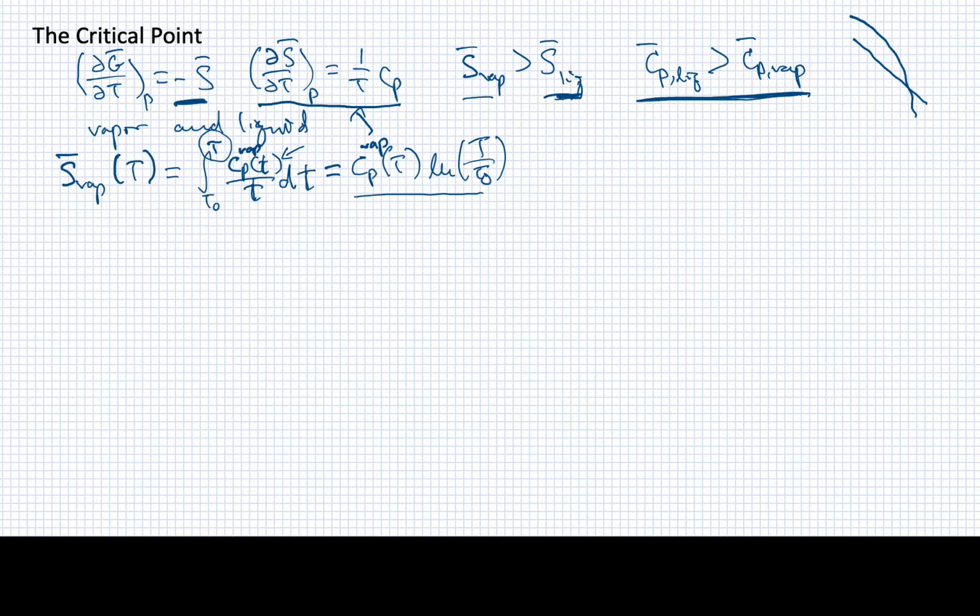All right, now I could do the same kind of calculation for the liquid. And I'm going to run this sort of from right to left so that we can bring these two together. All right, so I could say that the heat capacity for the liquid, if I run it from some reference temperature to a higher temperature T, of Cp of the liquid, now at some temperature T, divided by T dT, this will represent this value here.